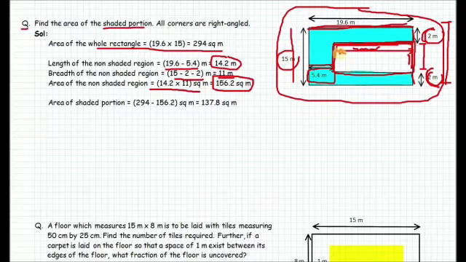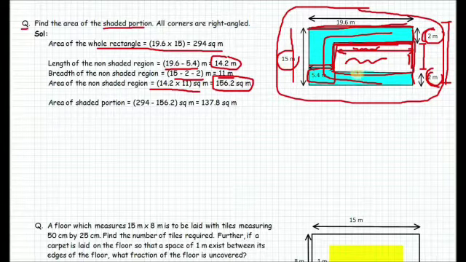Now what I told you, to find out the area of the shaded region, we will find the area of the whole figure, and from the whole figure, if you subtract the area of this non-shaded region, you will get the area of the shaded region. That's what I did. So I subtracted and I have got the answer 137.8 square meter.